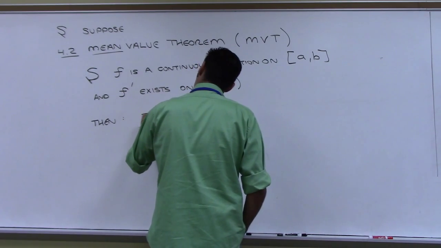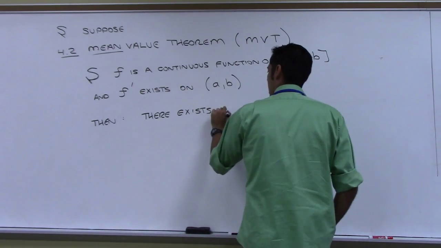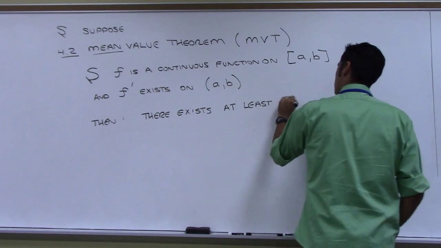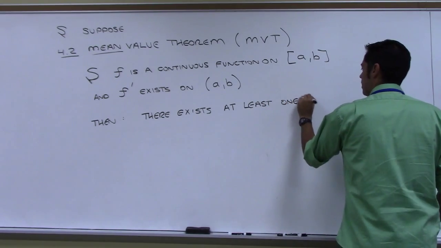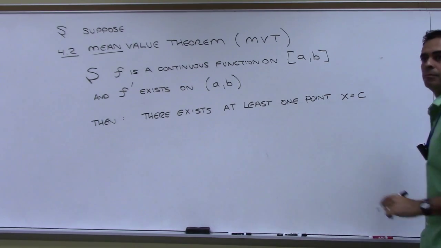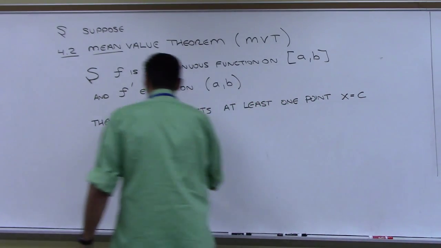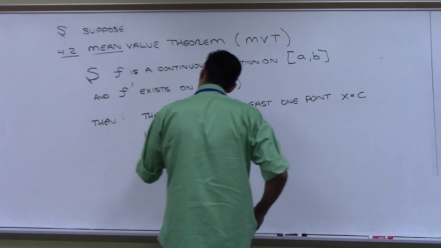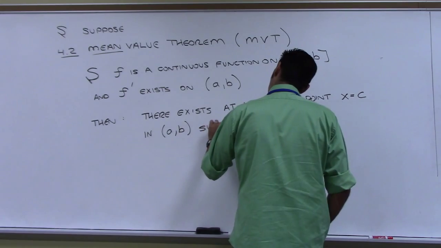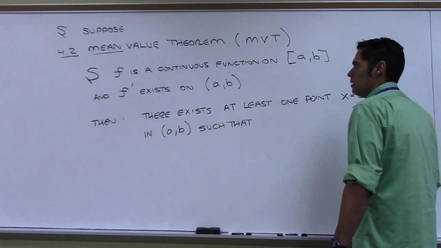There exists at least one point, which I will call x equals c, in the interval AB, such that the following is true.